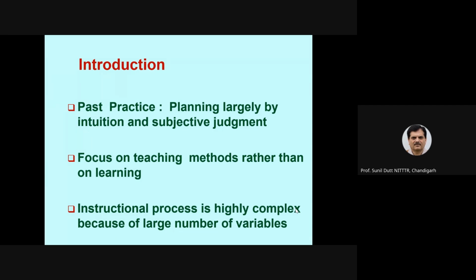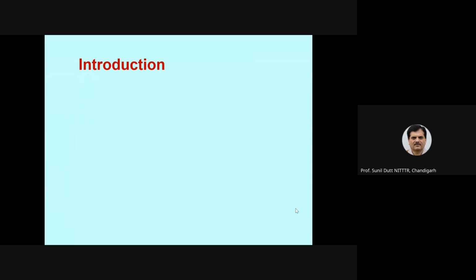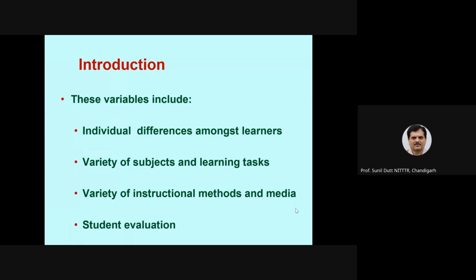And as I said, it is a very complex process and there are a number of variables, and these variables include individual differences amongst learners. You know that there are different types of students sitting in the classroom. Some are slow learners, some are fast learners, some are above average students, some are average. Some students learn best when something is shown to them.